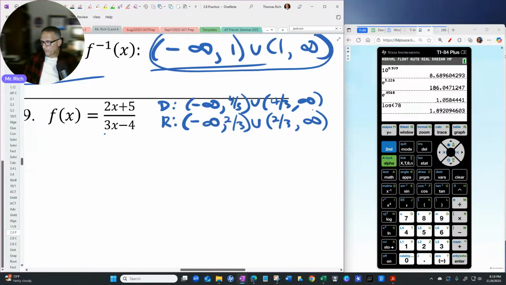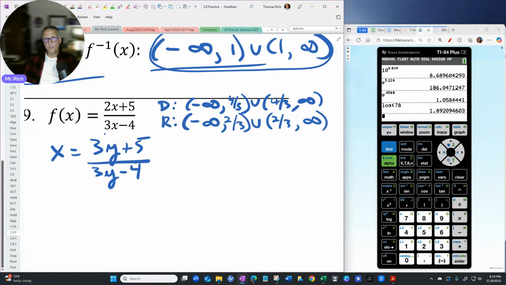All right, now let's go ahead and do the algebra that's involved in solving for the inverse function. So that f of x is going to become an x. Those two x's will be switched into y's. So it's going to look like that right there. Next, we are going to do what we did on the previous problem.